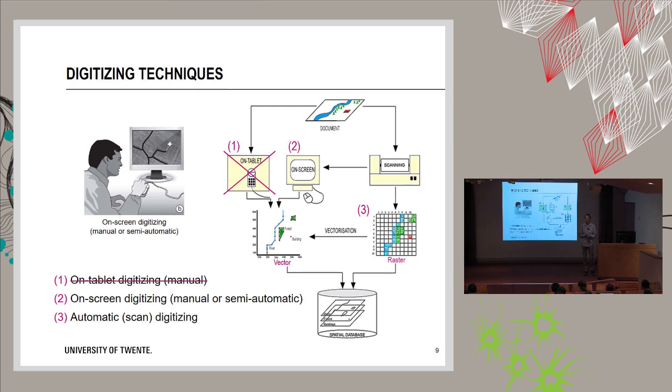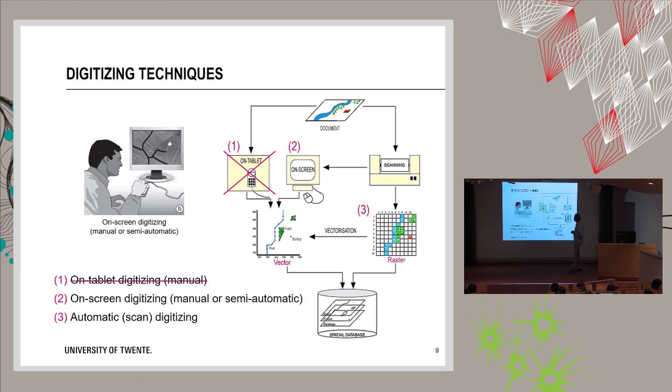Some organizations still use them, but in general, I would say they are not used anymore. Because what people mostly do, they scan their map with a scanner, and then they can do it on screen. They can put it on screen, and they can just trace and vectorize the features from the screen. That's basically how you do it nowadays.